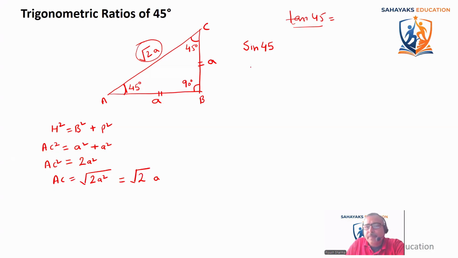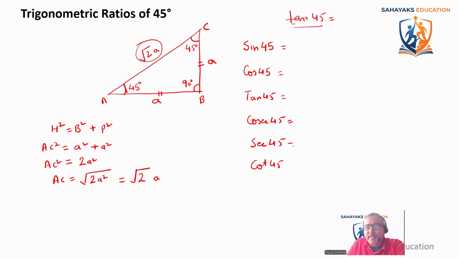Sine 45, cos 45, tan 45. Then we have cosec 45, then we have sec 45, and then we have cot 45. Okay, so we need to find these values.